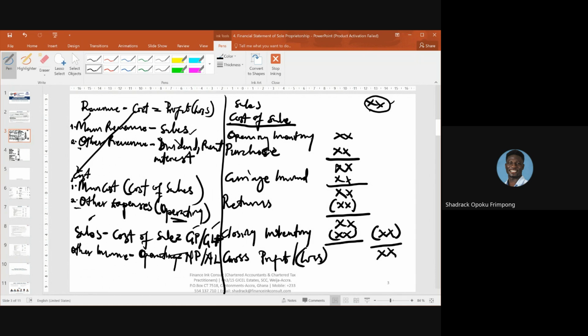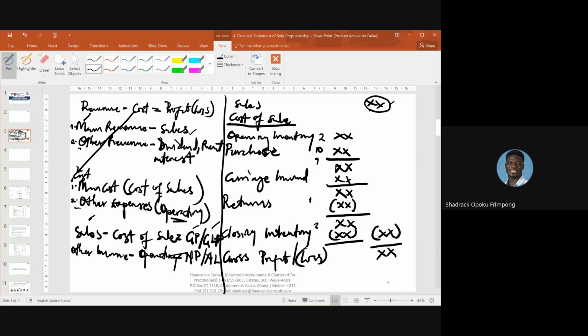Let's say we had like 2 laptops, right? Then we sold them, so we had to buy extra 10. Now the extra 10, we had to return 1. So if we deduct this 1, it means indirectly we purchased 9, right? At the end of the period, we realize that we have 3 left.